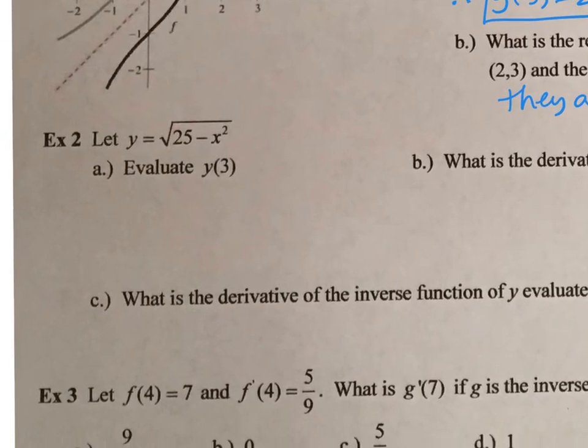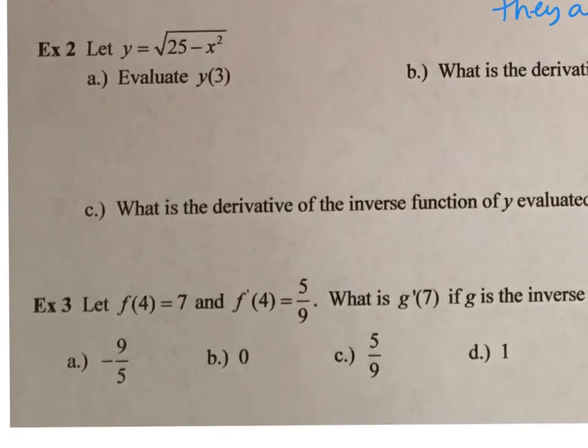So the next example, example 2, says, let y equal the square root of 25 minus x squared. The first thing we're going to do is evaluate that function y at 3. So let's just go ahead and look at our function. Where we see an x, we're going to put in a 3. So y of 3 would be equal to the square root of 25 minus 3 squared.